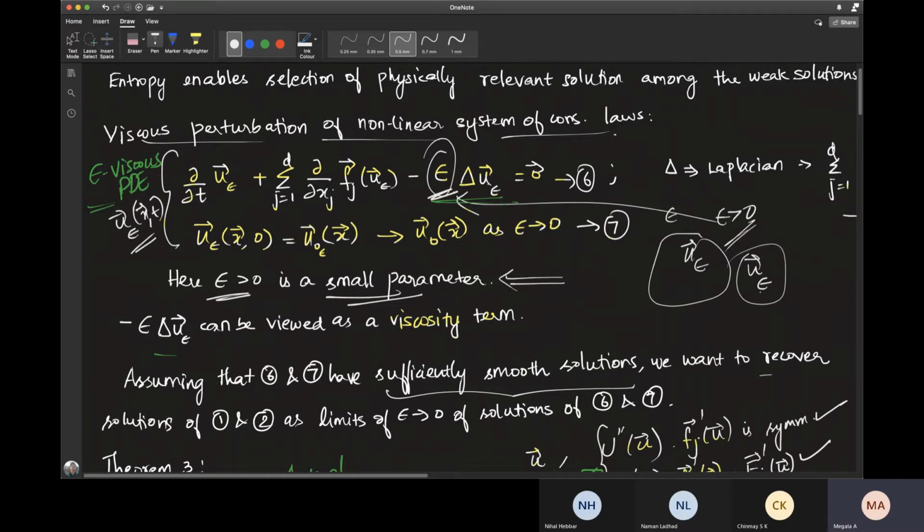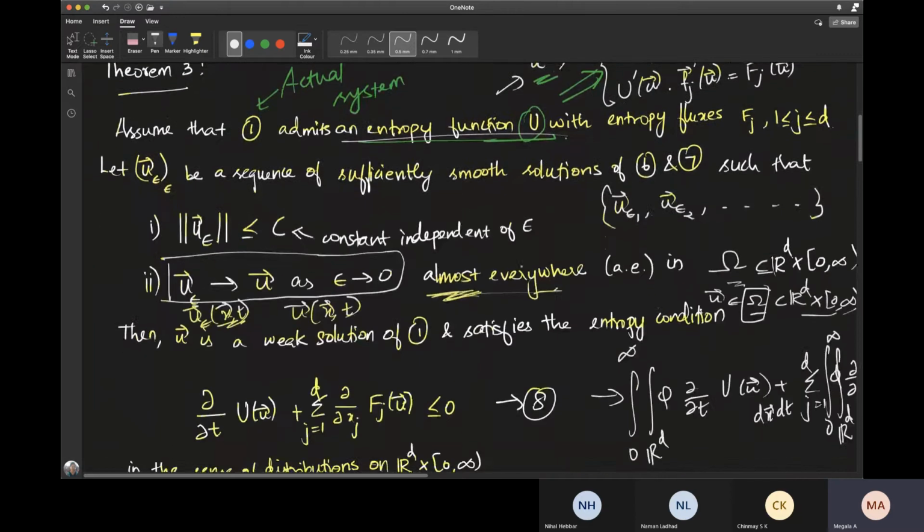For each of those epsilons, there will be a system. For each of the values of epsilon, say epsilon 1, 2, 3, we have different systems, and there will be different solutions that satisfy each of these different systems.